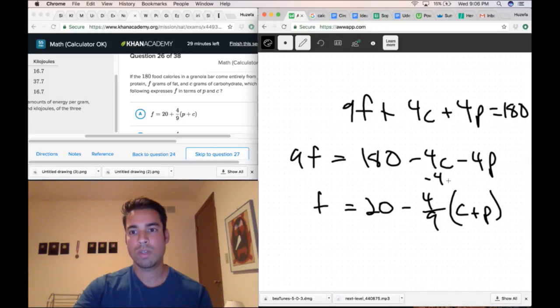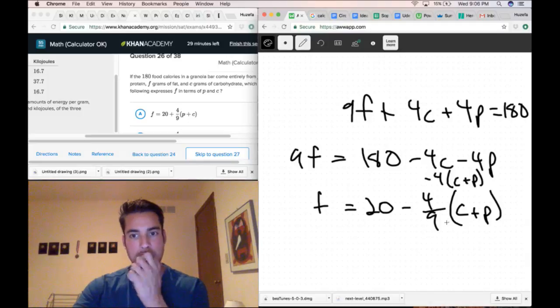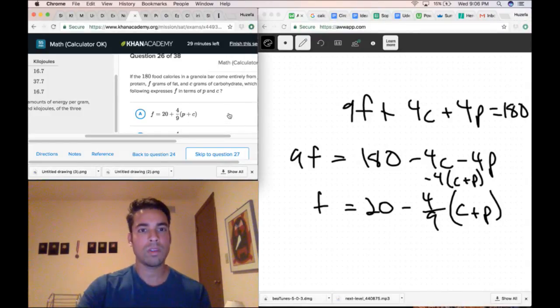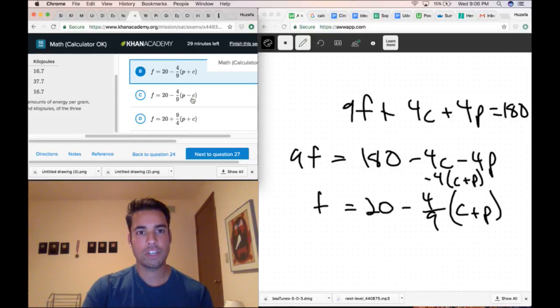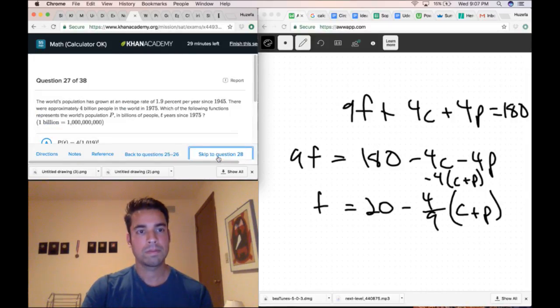This is the step in between, -4 times C plus P, and then I divided everything by 9. So this is our final equation. And let's see, it's not A. I accidentally clicked that. It's this one, 20 minus that. Yeah, that one's wrong because they didn't change the middle minus.